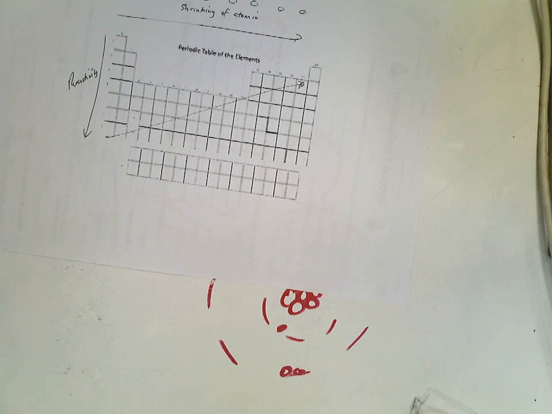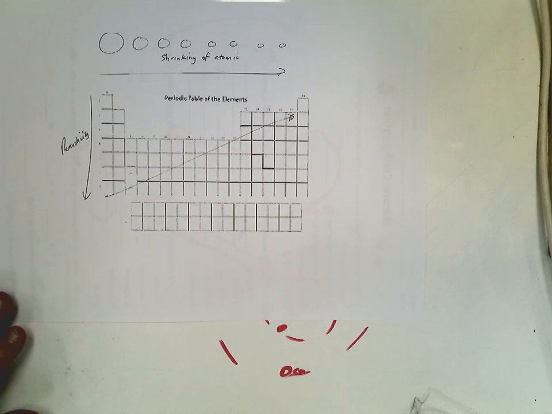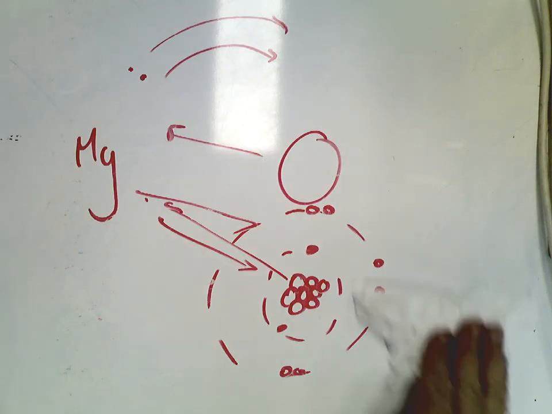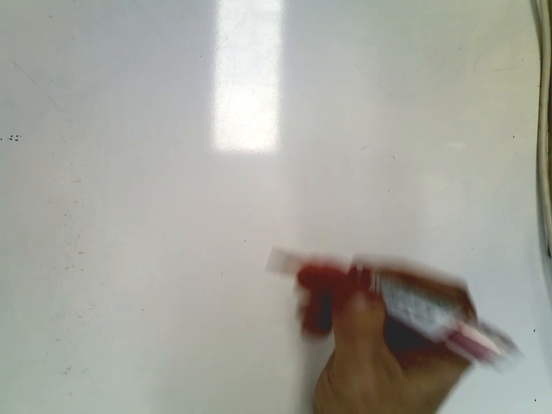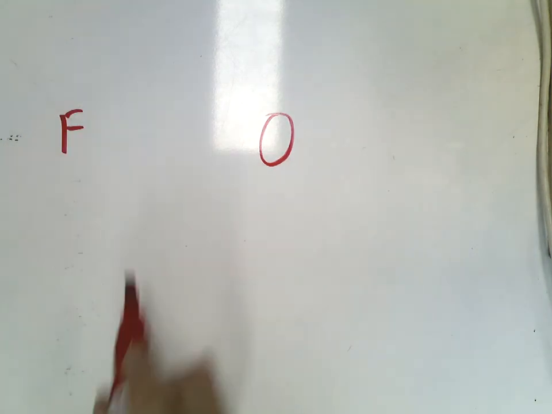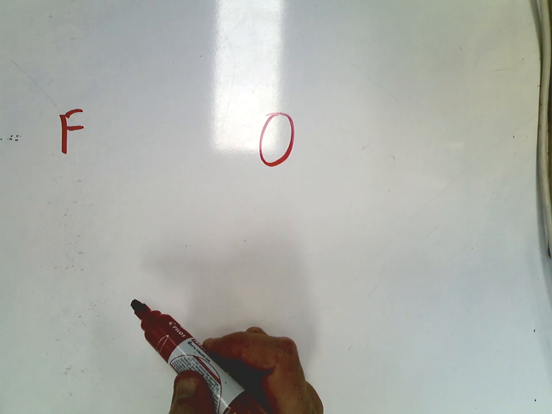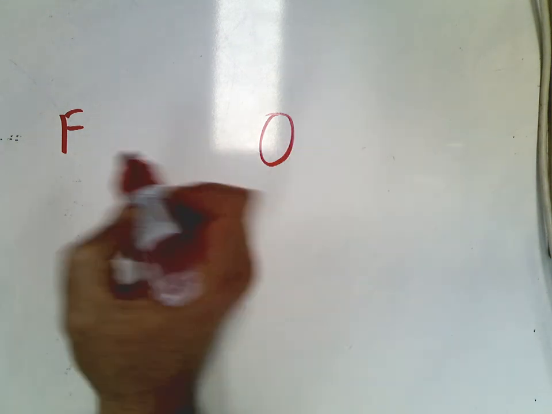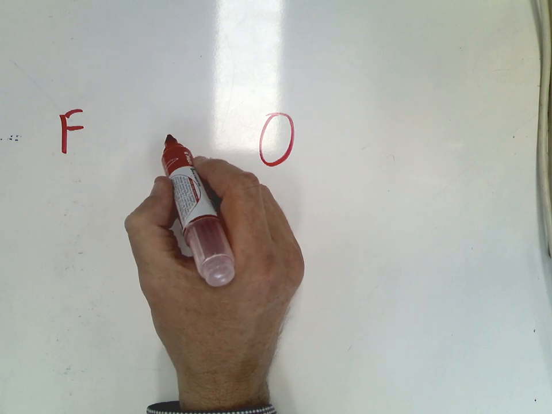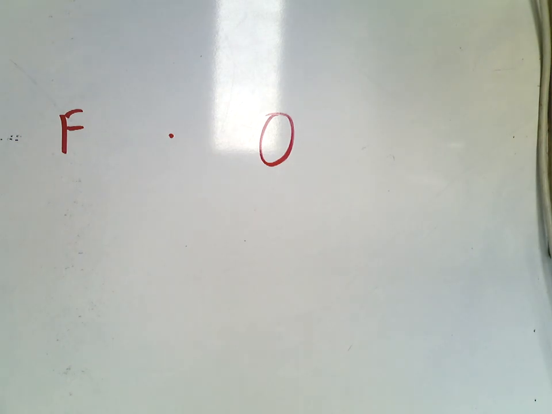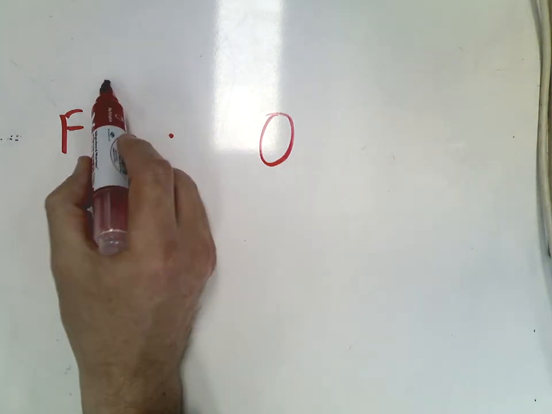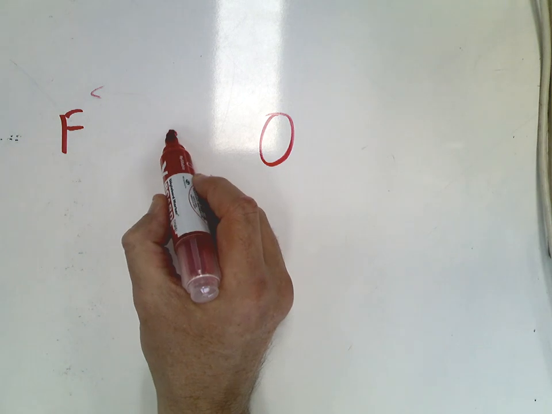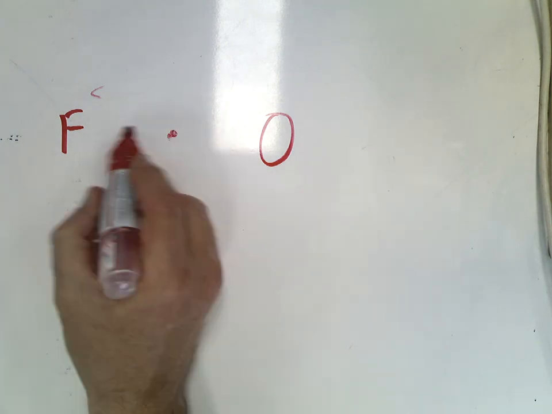electronegativity affects the location of the electron between two elements that are sharing it. So if we looked at something like oxygen and fluorine, and let's say they're sharing an electron between them, fluorine is more electronegative, so it will pull that electron closer to it.